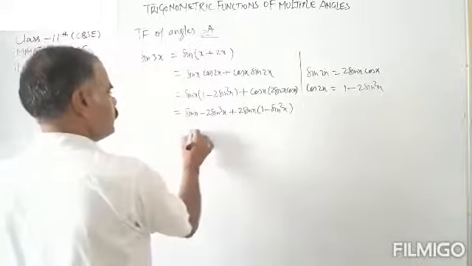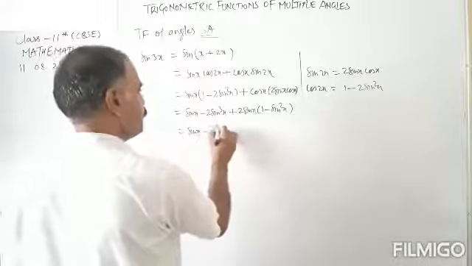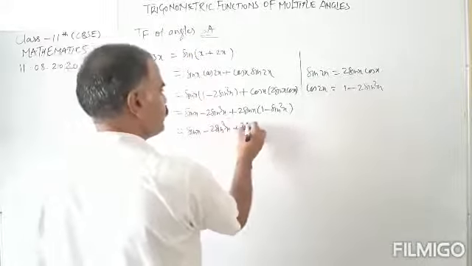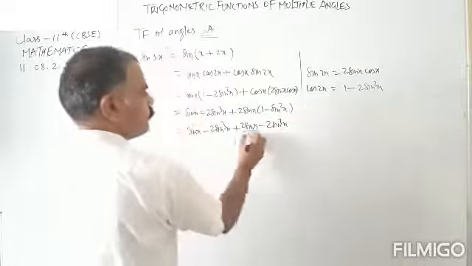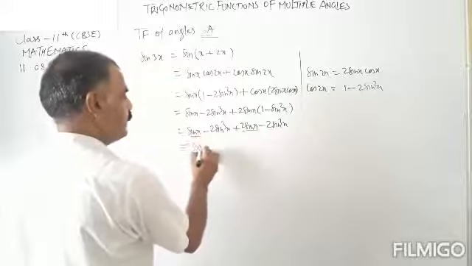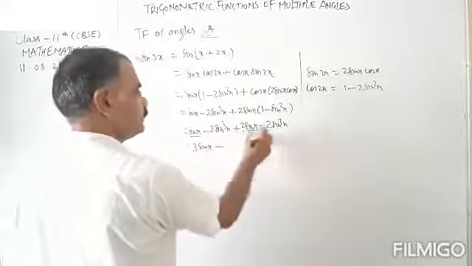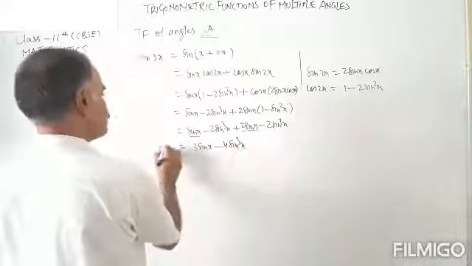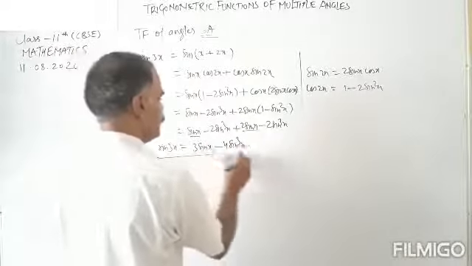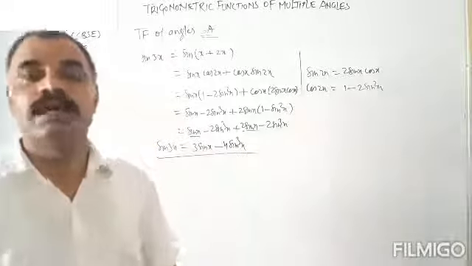So this is equal to sin x minus 2 sin cube x plus 2 sin x minus 2 sin cube x. That is 3 sin x minus 4 sin cube x. This is sin 3x. So sin 3x is equal to 3 sin x minus 4 sin cube x.